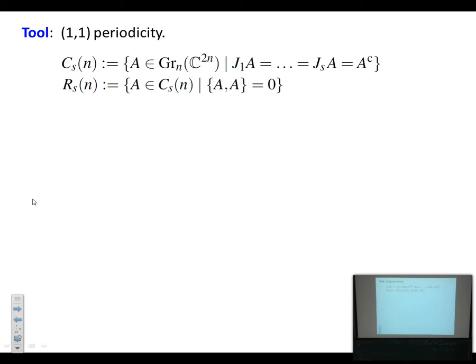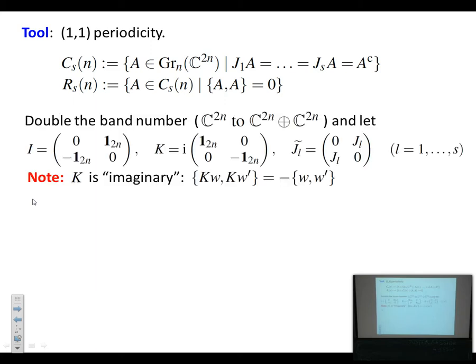Inside these complex classifying spaces, there's a "real" classifying space. That's the subspace where not only the pseudosymmetry is solved, but also the Fermi constraint is satisfied. Now what we do is the following. We double the number of bands.